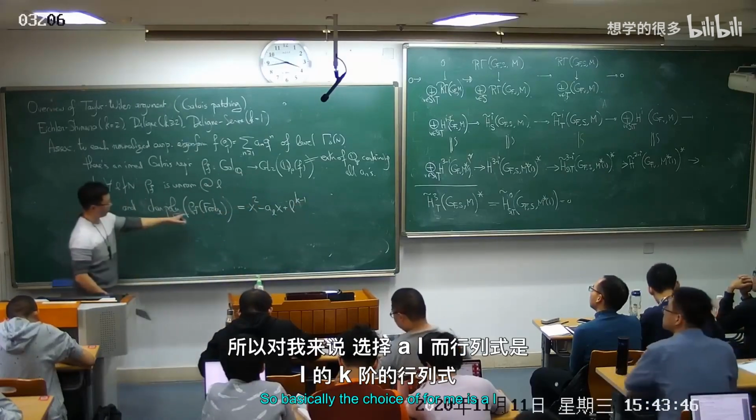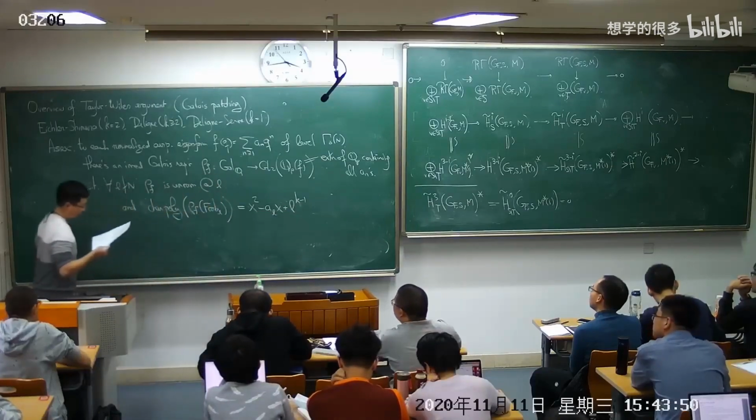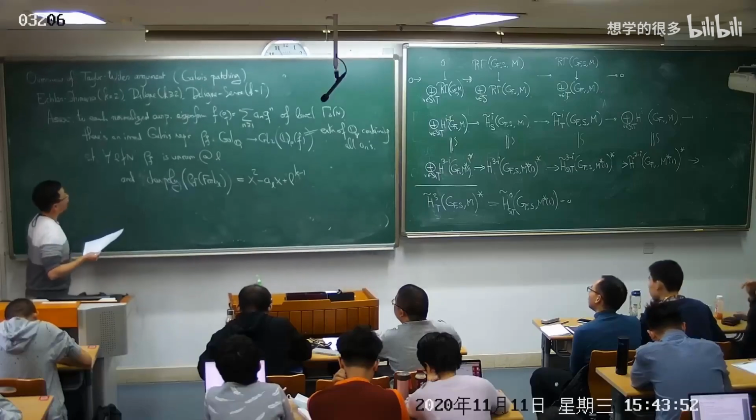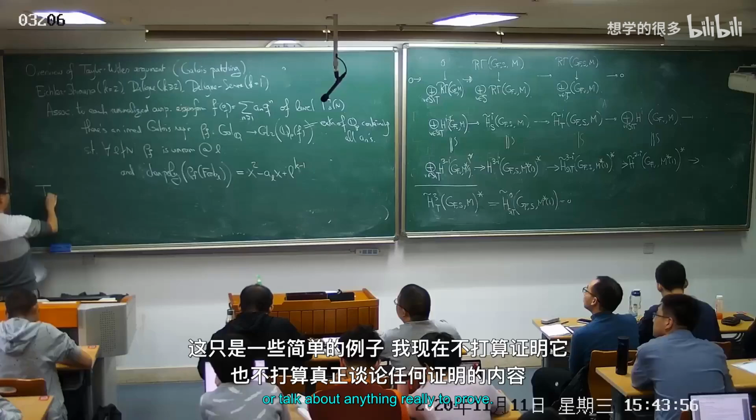So basically the trace of Frobenius is a_l, and the determinant is l to the k minus 1. Just some story, I'm not going to prove it now or talk about anything related to proof.